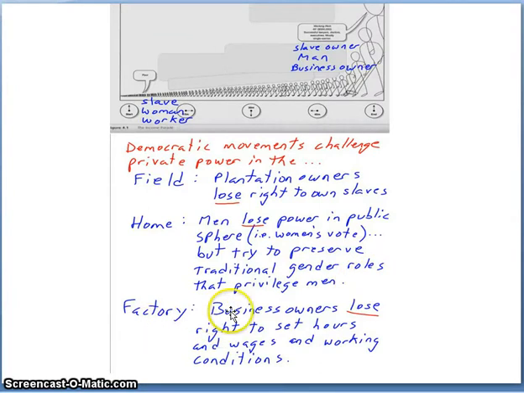In the factory, the business owners were losing the right to set hours, wages and working conditions, but that's a private relationship between the owners and the workers. So in all three, Robin argues the sensitive issue for the conservative mind is this loss of power in the private sphere.